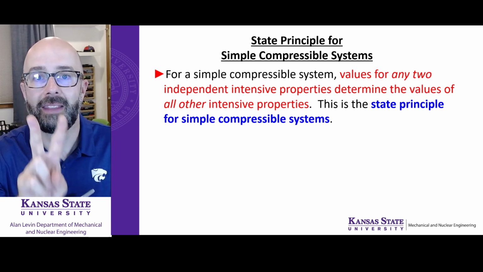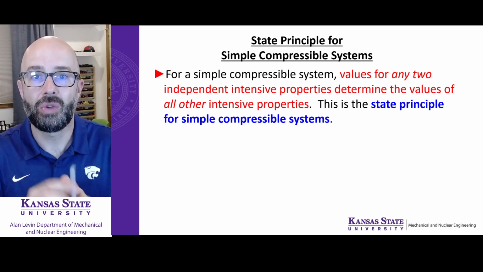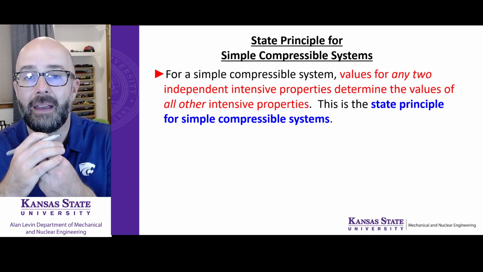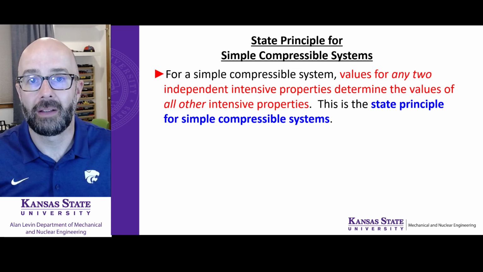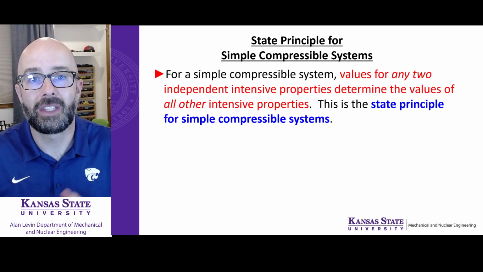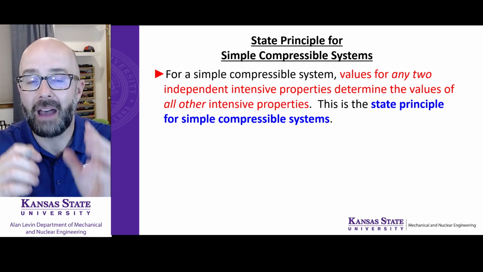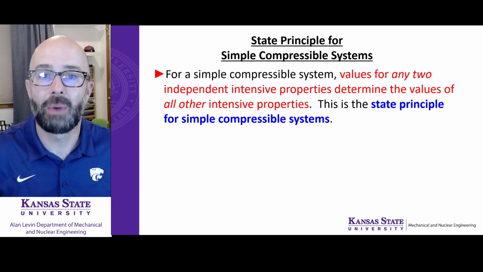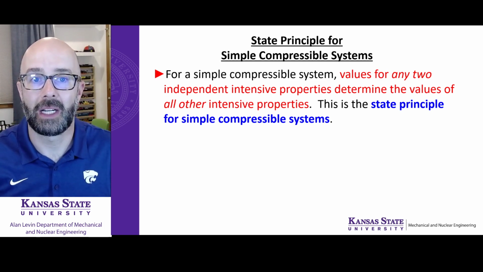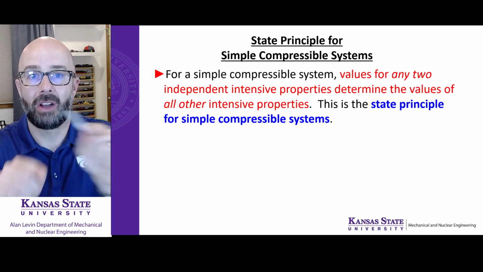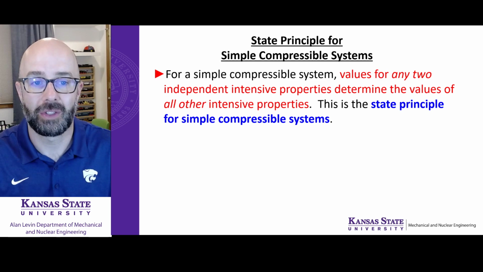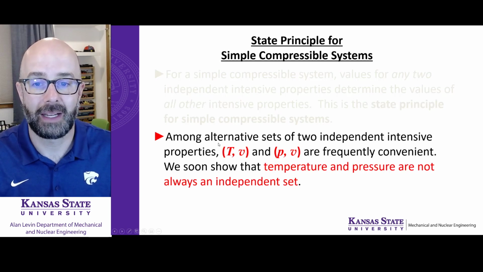And once you find these two pieces of information, we can use these tables in the back of the book correctly to find all the rest of the information about the substance. So this is just like saying we have an XY graph, and if we find X and Y and we locate it, we know exactly where we are. That's exactly what we're doing here. We're going to use two bits of information on a chart. We know exactly where we are. We can find everything else from that. That is what we mean by setting the state.